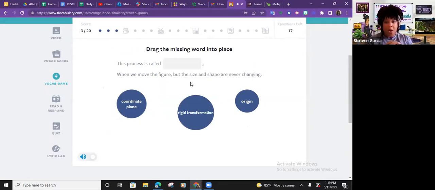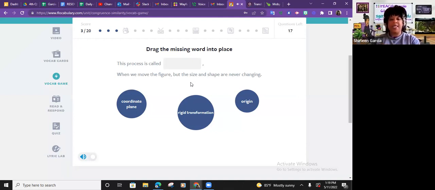This process is called blank when we move the figure, but the size and shape are never changing. Is that a coordinate plane, a rigid transformation, or origin? Good try, Tyreek.